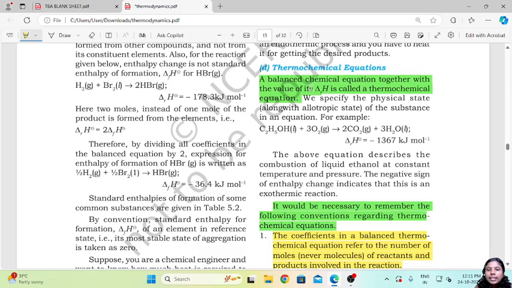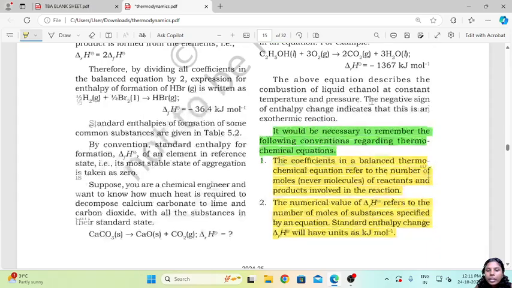So what they are saying is that a balanced chemical equation along with the value of its reaction enthalpy, that together is called the thermochemical equation. Here we are taking the moles of the chemical reaction, as in we are finding the balanced moles, how many moles of each reactant are present, and including the values of the reaction enthalpy, that together gives us the thermochemical equation.